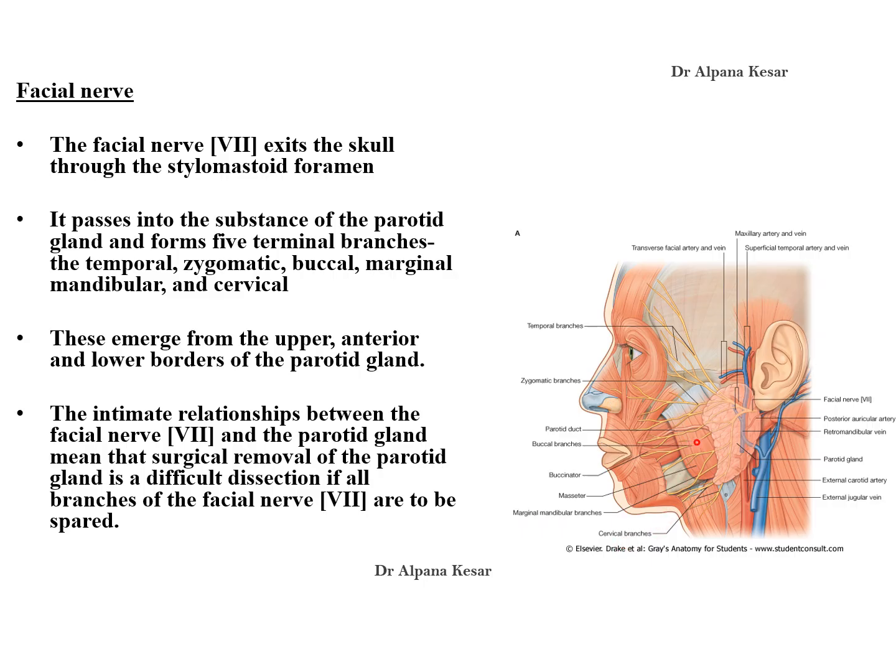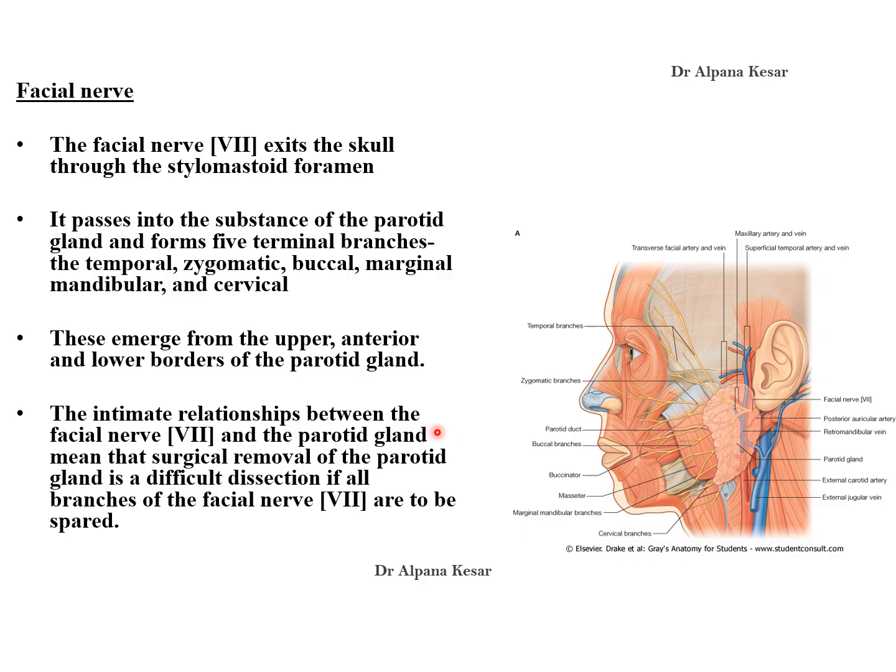All the 5 branches of the facial nerve emerge from the gland at its anterior border. After emerging from the parotid gland, these 5 terminal branches of the facial nerve will supply the muscles of the face.